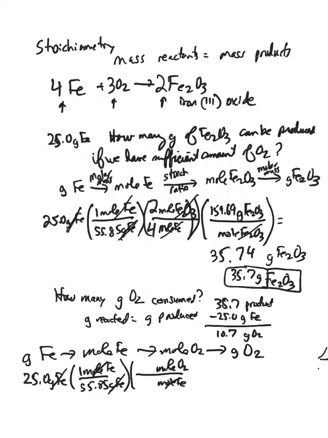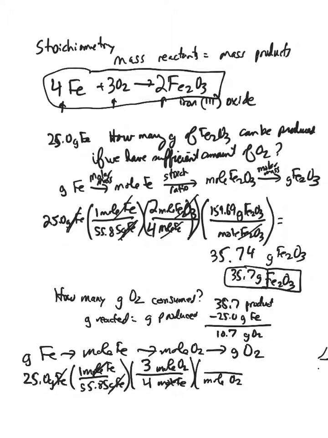So moles of oxygen is going to go in my numerator, moles of iron in the denominator, so that would cancel. But I need my stoichiometric ratio, and going back to my balanced chemical equation up top, that says that 3 moles of oxygen reacts with 4 moles of iron exactly. And then I can convert moles of molecular oxygen, moles O2, to grams O2 by using my periodic table. So 1 atom of oxygen is 16, 2 would be 32. I'm talking about moles, so I really need to change that to grams.